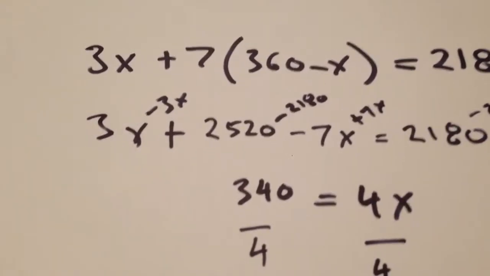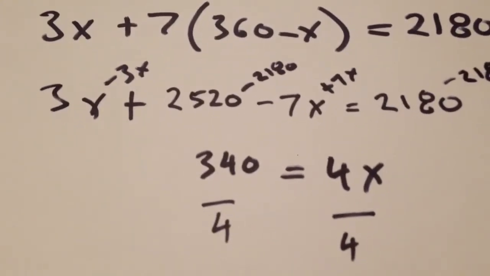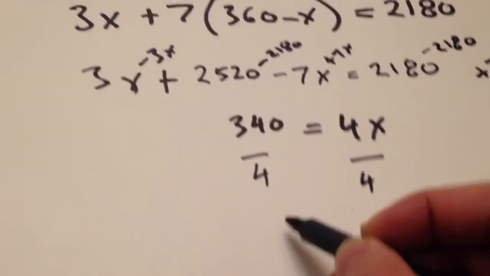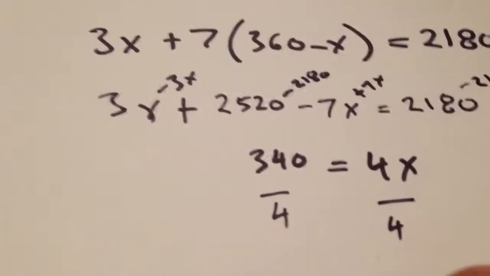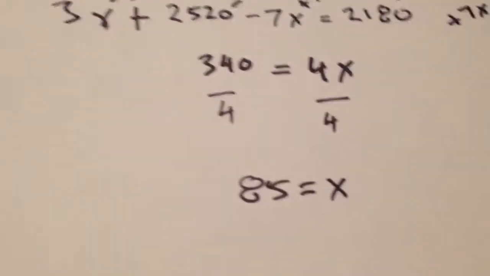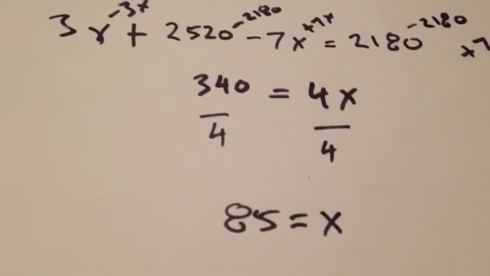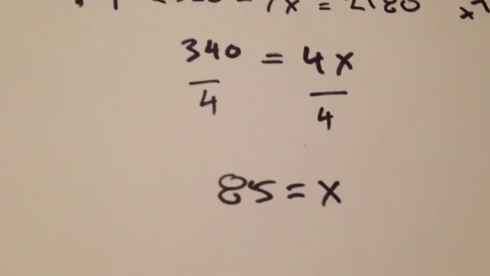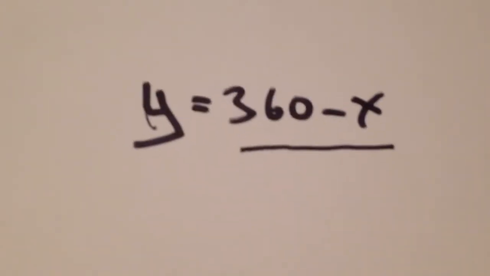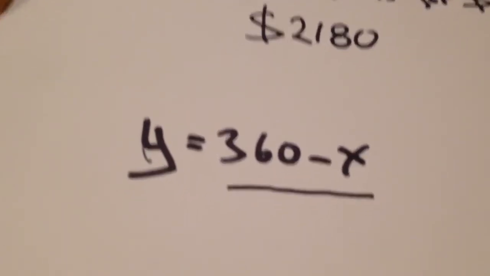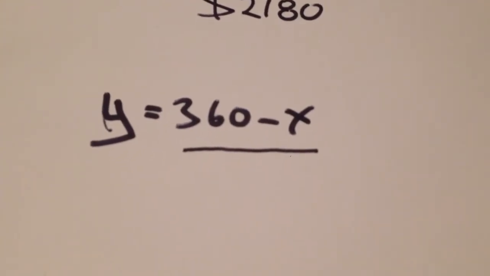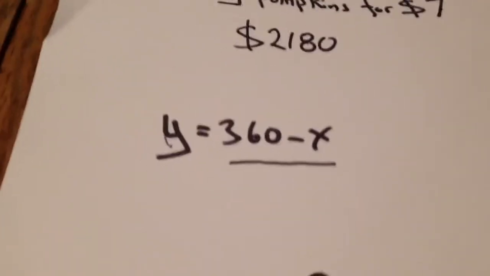340 divided by 4 equals 85, so x equals 85. So now we know that we had 85 small pumpkins, and it's a very simple matter to say, well, we had 360 pumpkins, so 360 minus 85 equals 275.